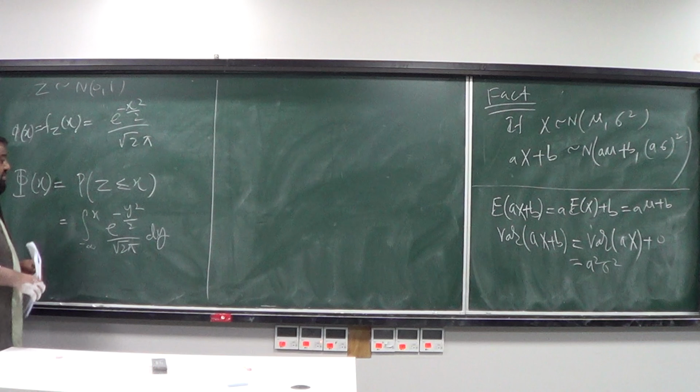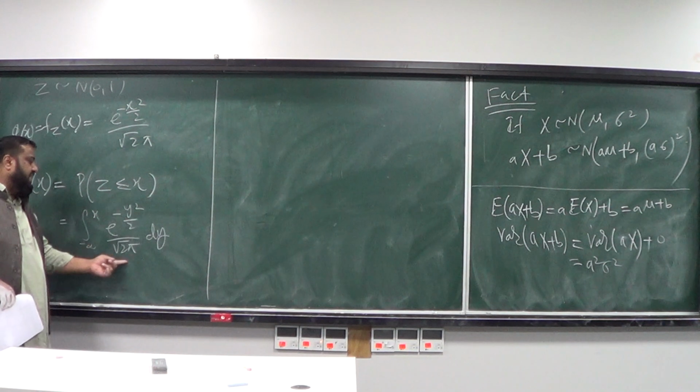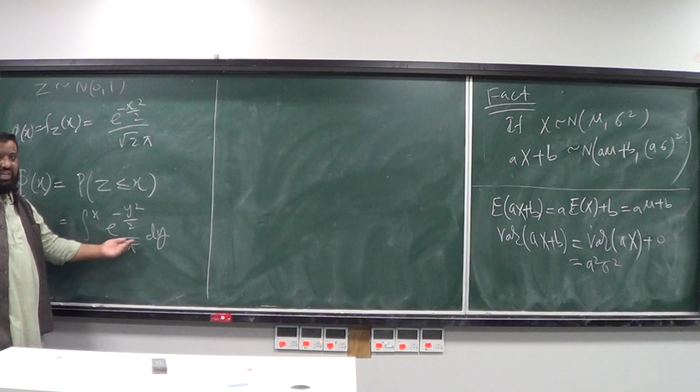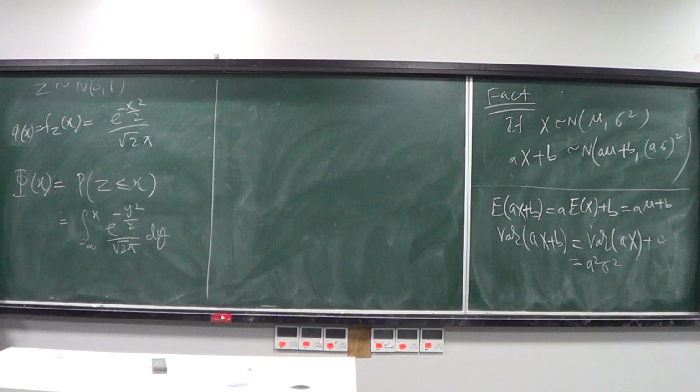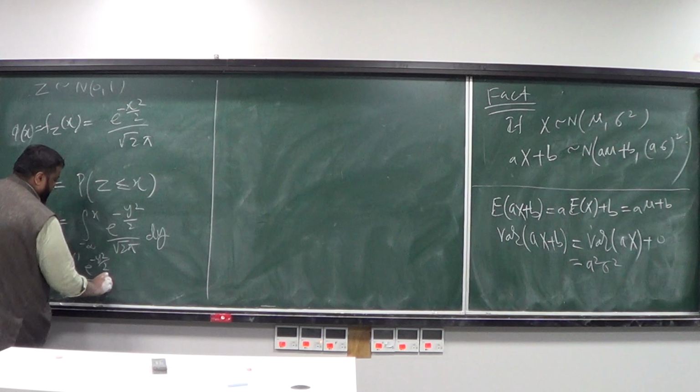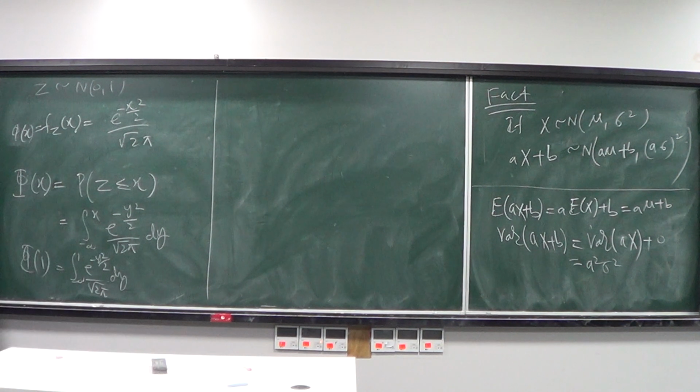The integral must exist because this is a continuous and bounded function, so there is no doubt that it exists. But you have to solve this integral numerically for every x. In other words, if you want to compute phi of say 1, you have to integrate from minus infinity to 1 e to the minus y square by 2 over square root of 2 pi dy. Solve it numerically and you're going to get some answer.